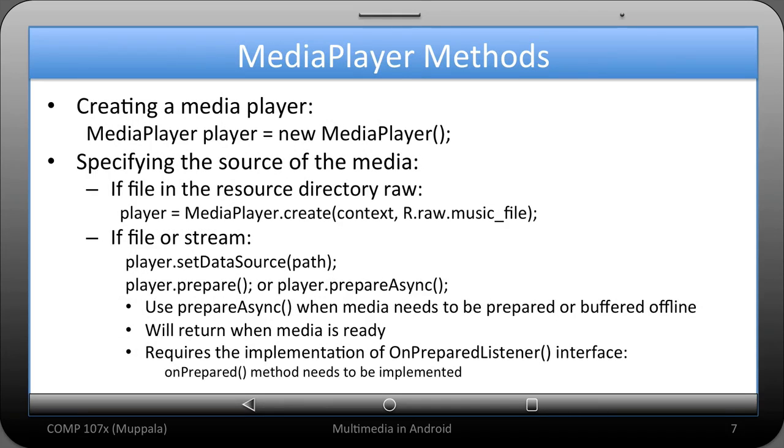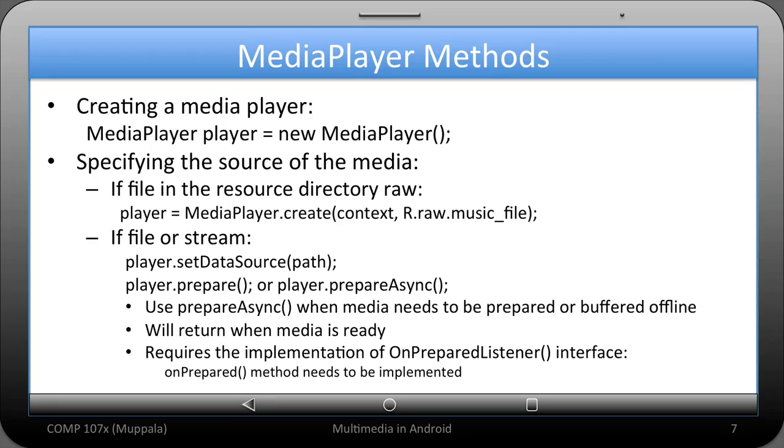How do you use the MediaPlayer? Before we employ the MediaPlayer, we have to, of course, create a MediaPlayer object. This we do by calling the new MediaPlayer method. And when you create the MediaPlayer, then you would supply the source of the media for the player.